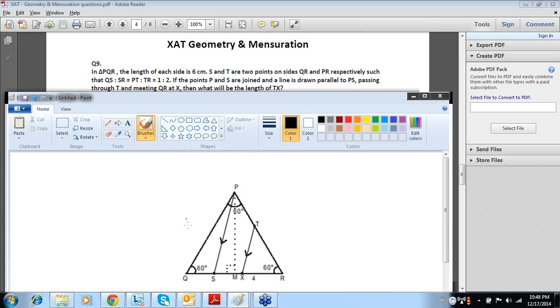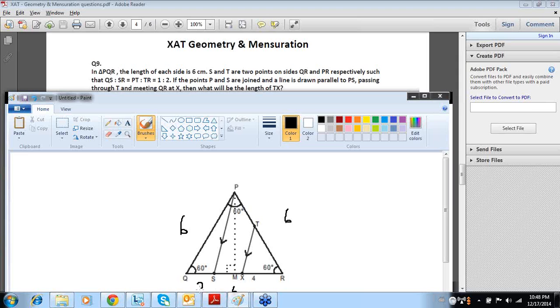So that means it is an equilateral triangle, so each angle is also 60 degrees. Now it is saying S and T are 2 points on the sides QR and PR such that PT is to TR is equal to QS is to SR is equal to what?